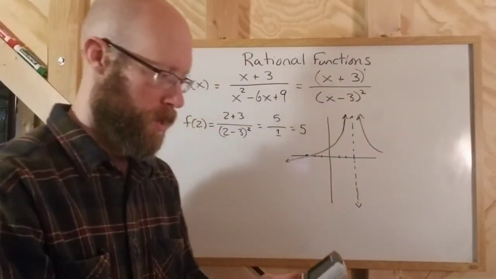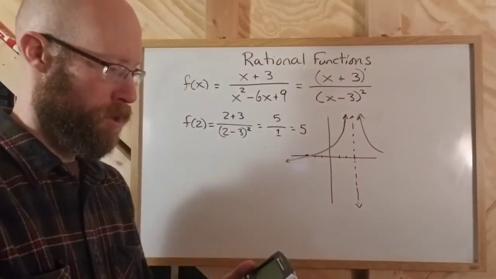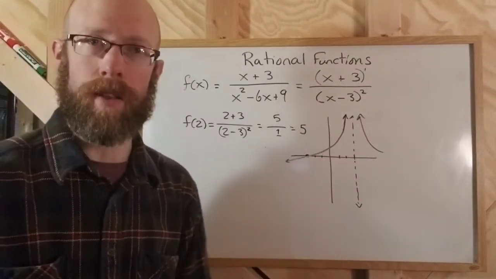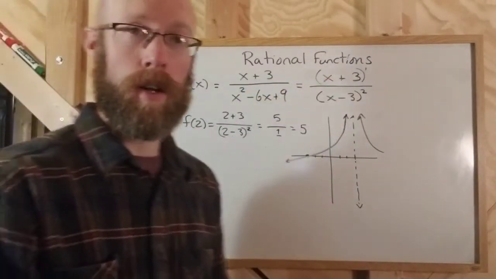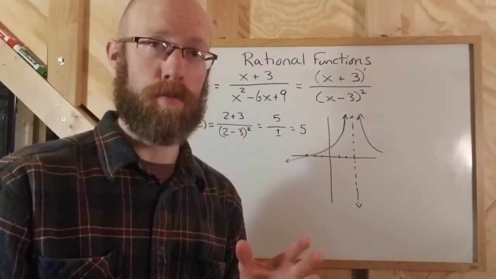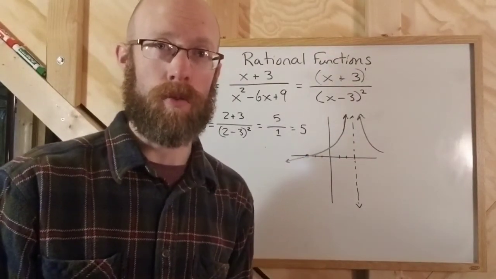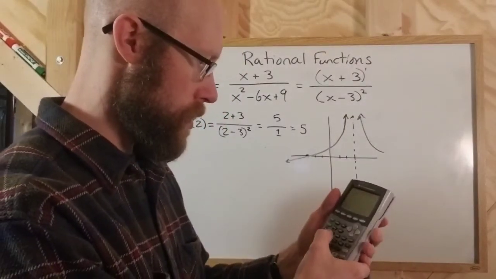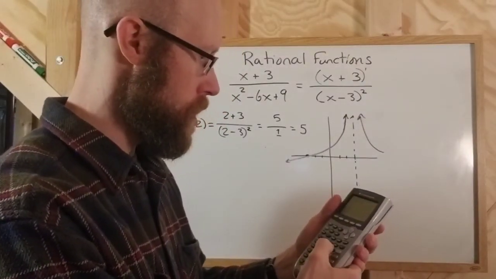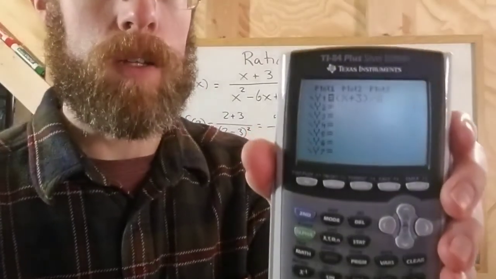And okay, so if I want to plot the graph of this, just to verify that that's accurate, I type this in with the numerator in parentheses. You must put the numerator and denominator in parentheses, otherwise your calculator won't read it correctly. So I'm going to put parentheses with an x plus 3, and then my division.